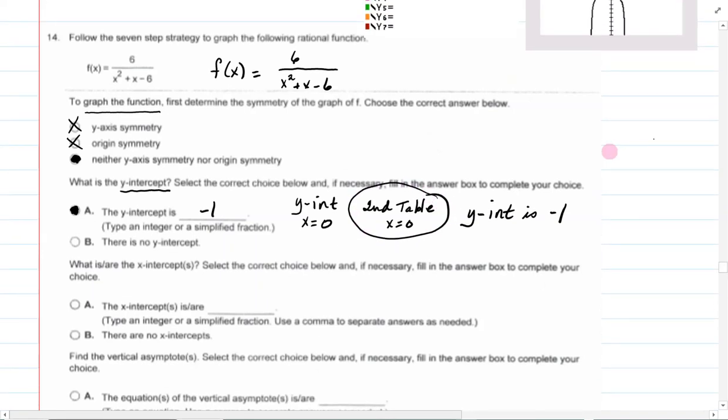Now, if I had done it by hand, if I let x be 0, because x is 0 for the y-intercept, it would be 6 over, that would become 0, that would become 0, that would be -6. So it would be 6 over -6, which is -1. So we could have done it that way.